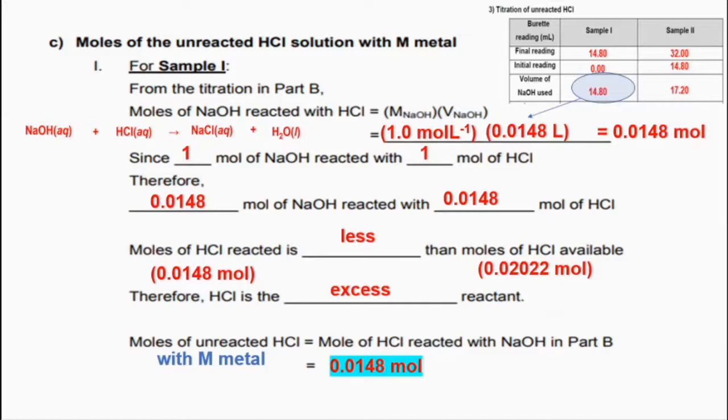So that's why the moles of unreacted HCl with M actually was the same as moles of HCl reacted with sodium hydroxide solution in part B. And that's why the value is 0.0148. So this is the moles of HCl reacted in part B, or the moles of unreacted HCl with M. Got it? Alright.